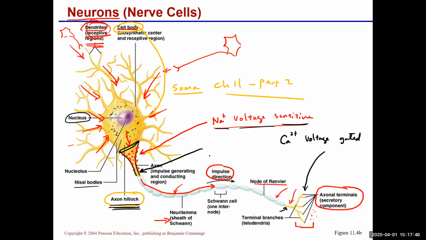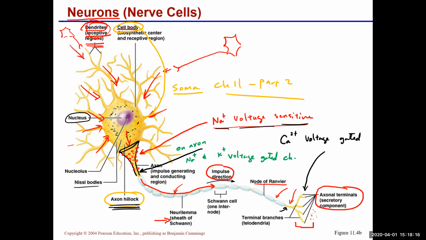But on the regular axon, maybe I should use a different color, on the axon we will have sodium and also potassium voltage gated channels. When I say voltage gated channel, that means they're sensitive to voltage changes.